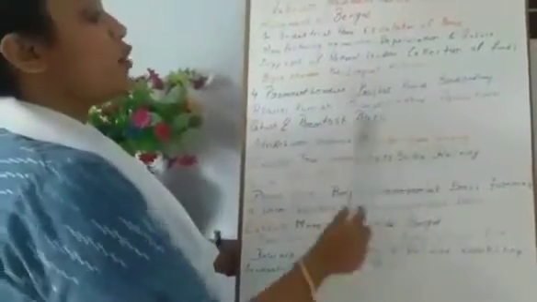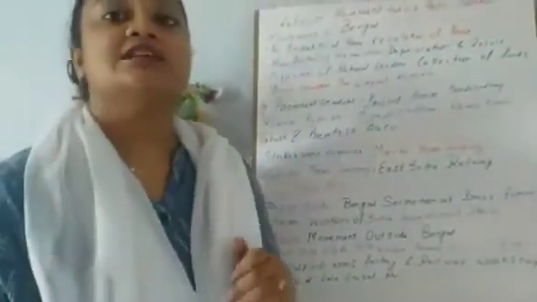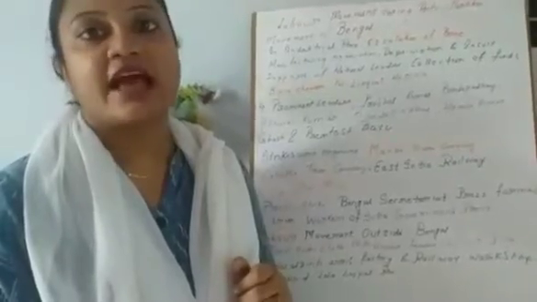Now we will see the different strikes that were organized by the labor. In Martin Burn Company, the workers working there first organized strikes. Later we will see that in Calcutta Tram Company, East India Railway, Clyde Jute Mills and in Calcutta Corporation, the laborers started organizing strikes.